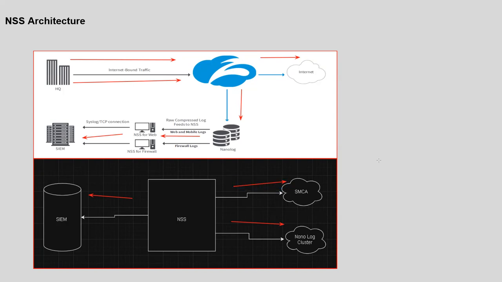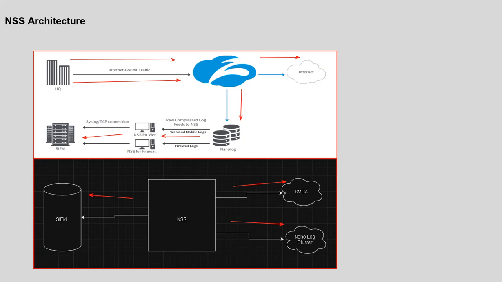Now, these three connections the NSS makes, it's not like NSS randomly makes these connections. There is a flow for these connections. Once you boot your NSS, it will always connect to the SMCA first. Once it's connected, authenticated, and authorized to the Zscaler cloud, which happens based on the certificate we have installed in the NSS, it will download the feed configuration.